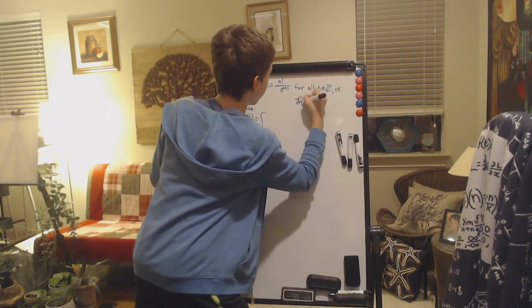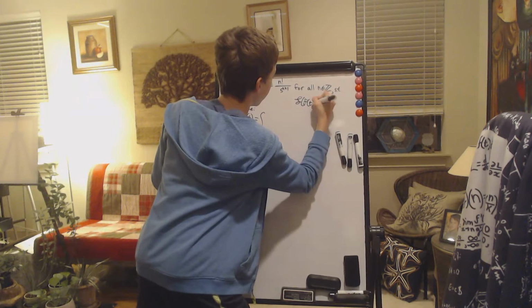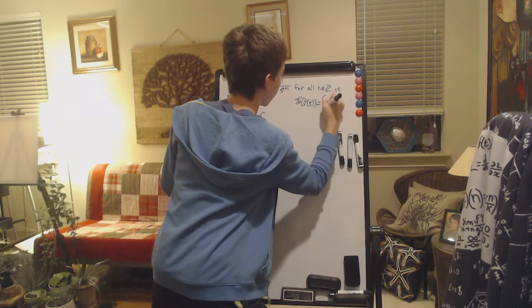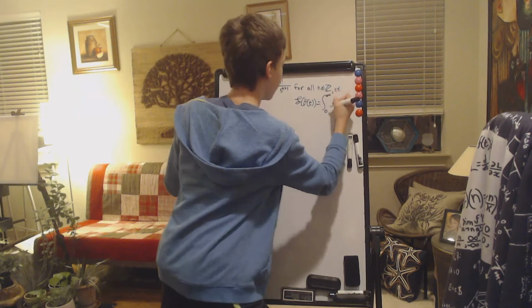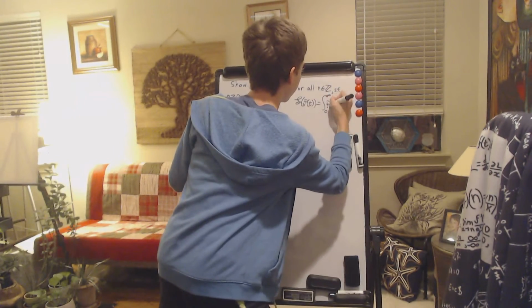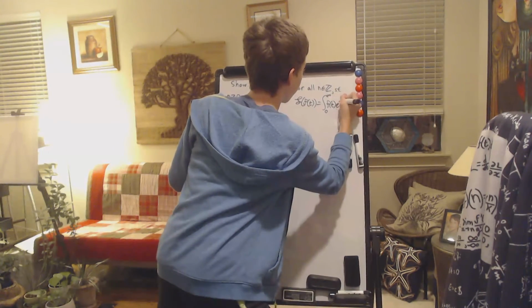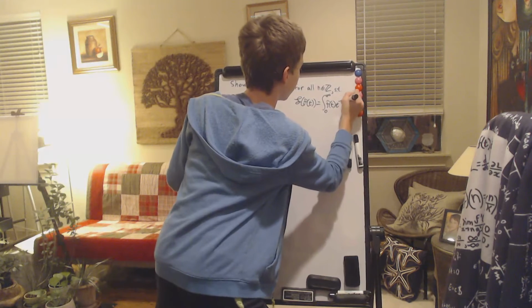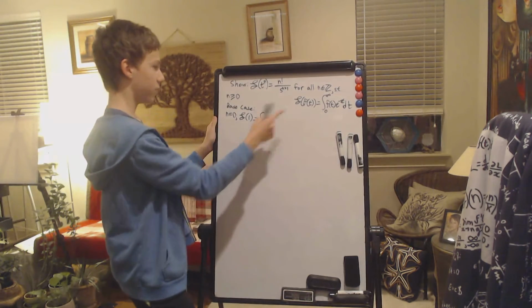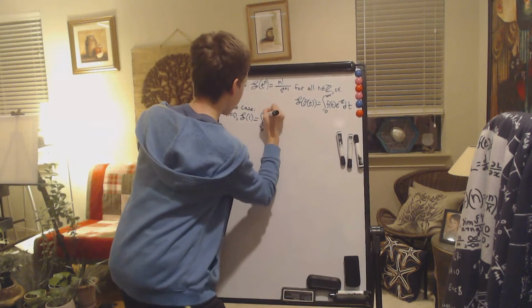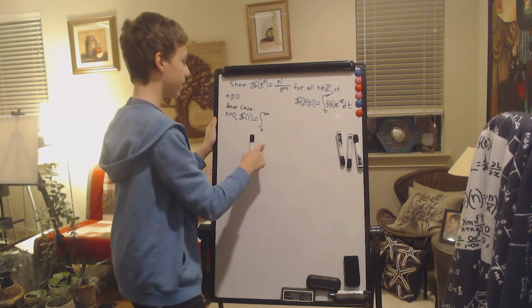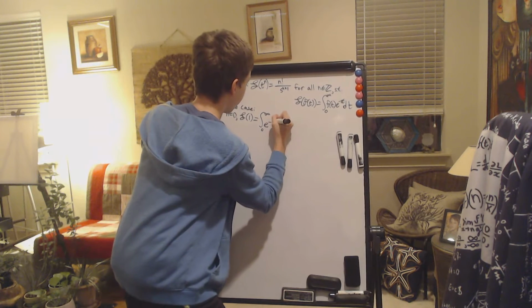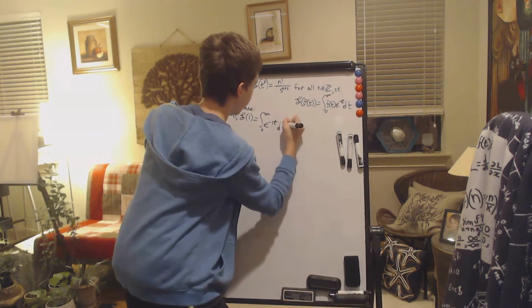The Laplace transform of some function f of t is equal to the improper integral from 0 to infinity of f of t e to the minus st dt. So let's use that here. The improper integral from 0 to infinity of e to the minus st dt.